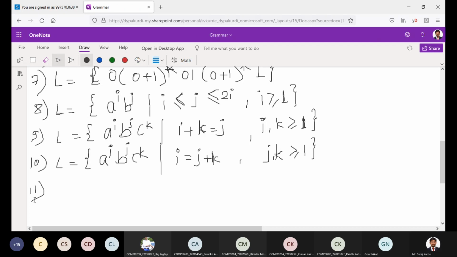You can change this question by any combination: i is equal to j plus k, i plus j is equal to k, i plus k is equal to j. Then i is equal to j is equal to k. This way you can repeat it.